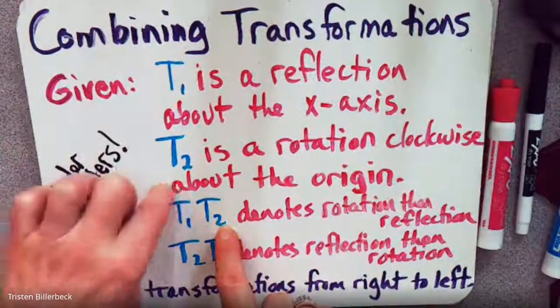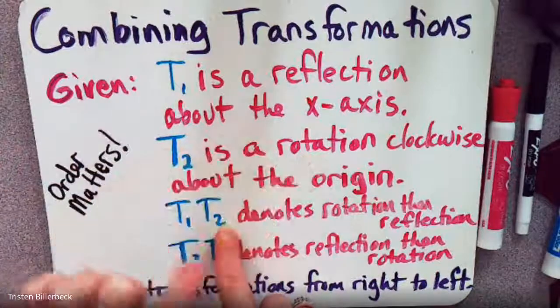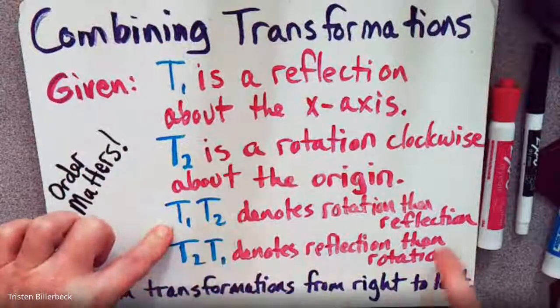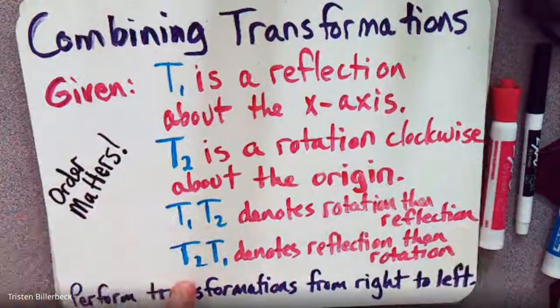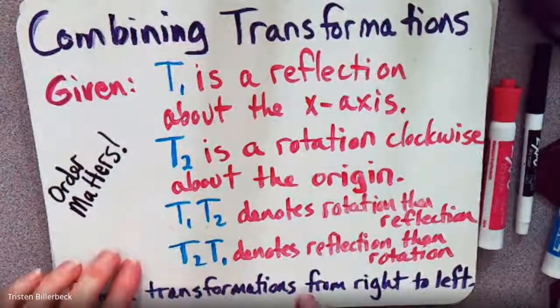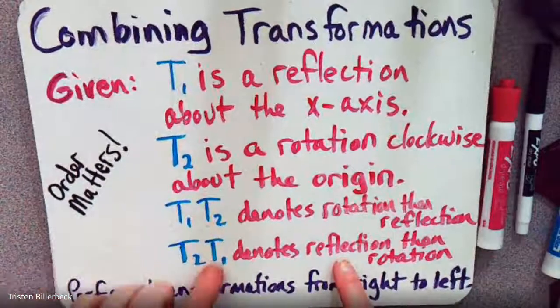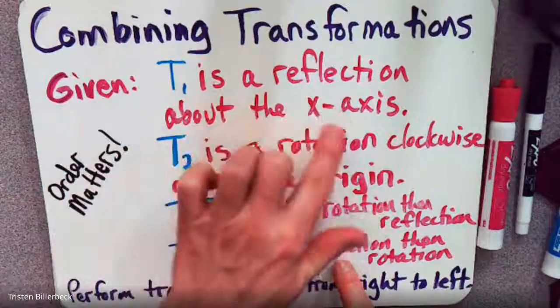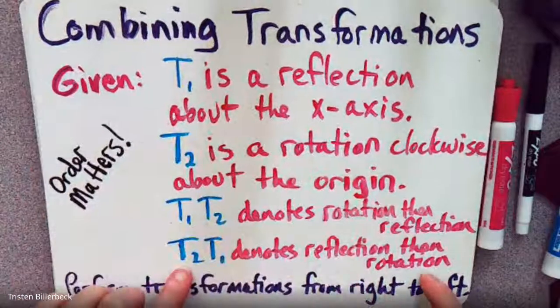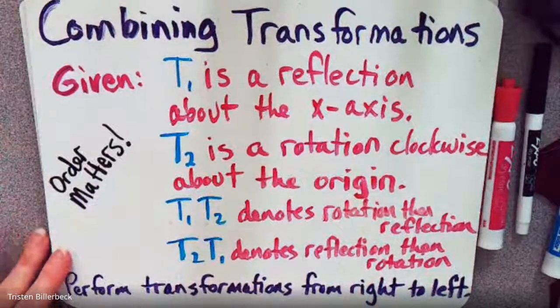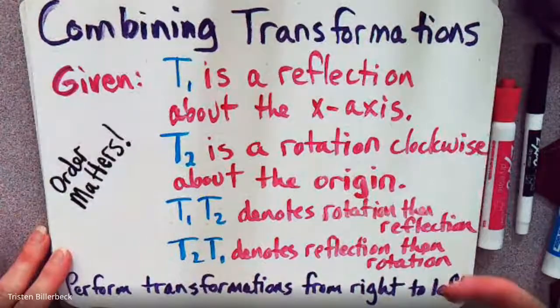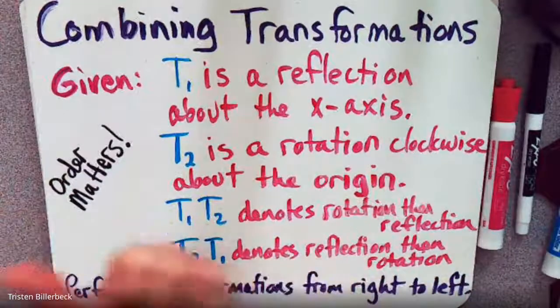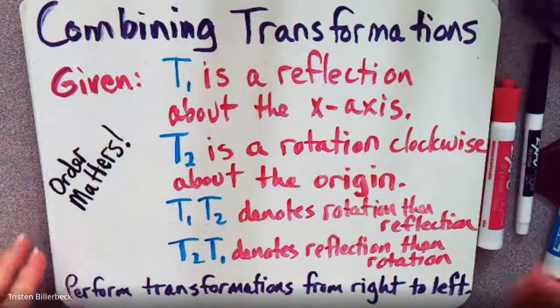The rotation, T2 is the rotation. And then T1 is applied, the reflection. This one, T2, T1, denotes the reflection is coming first. T1 is the reflection, and T2 is the rotation. So perform transformations from right to left. Okay?